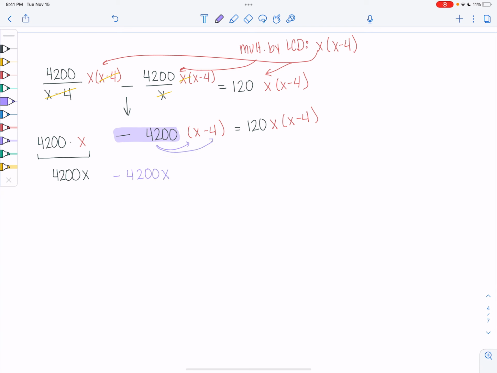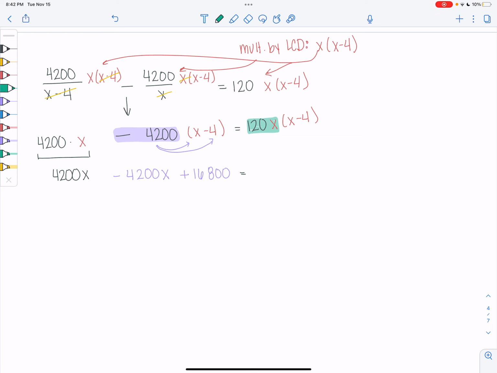Negative 4,200 times negative 4 is going to give me positive 16,800. Let's distribute that. Distribute this whole thing.